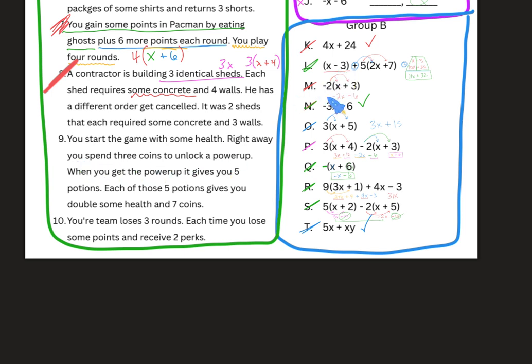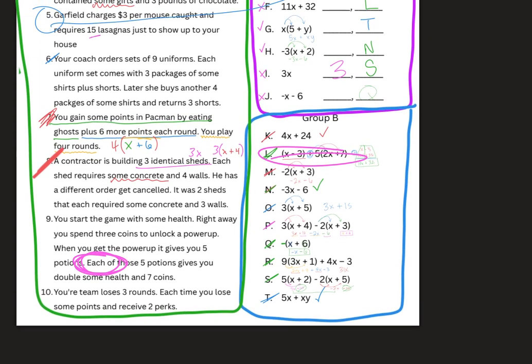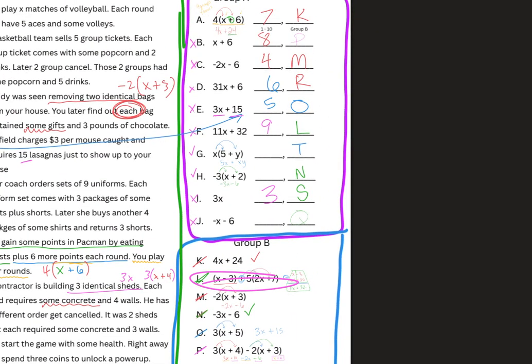So minus 3. When you get the power-up, you spend 3 coins to unlock a power-up. When you get the power-up, it gives you 5 potions. Each of those 5 potions, that's this one right here. So number 9 goes with L right here.